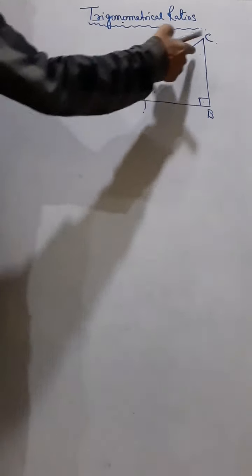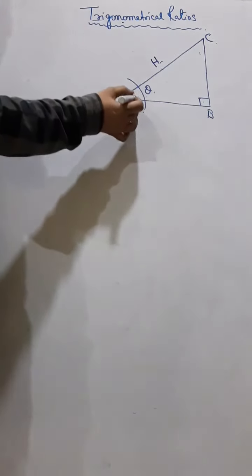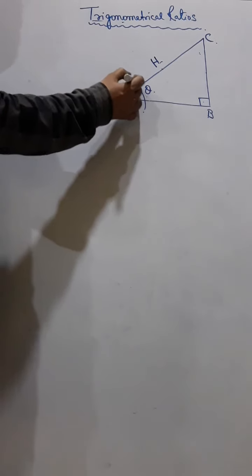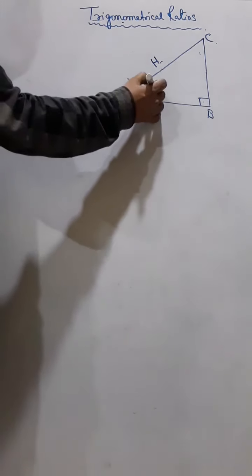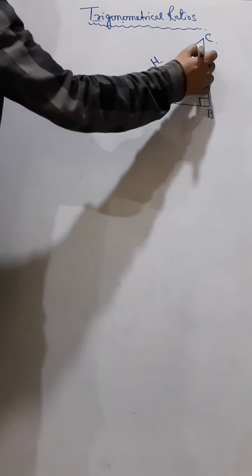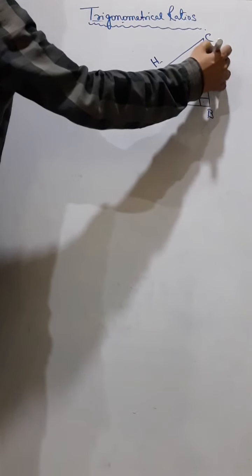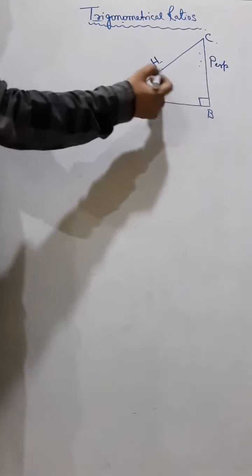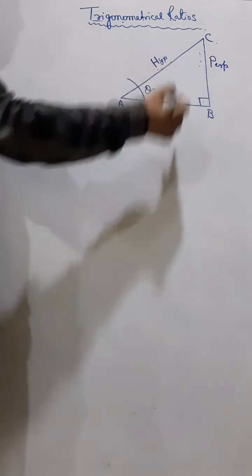Now we can take this also as a reference angle, so the theta can be here also. But as I told you, we are taking this angle as reference. With respect to this angle, the side which is opposite to this theta is called perpendicular.